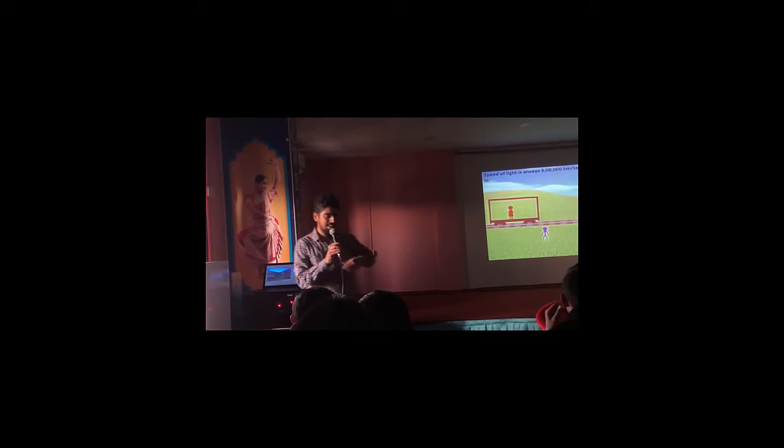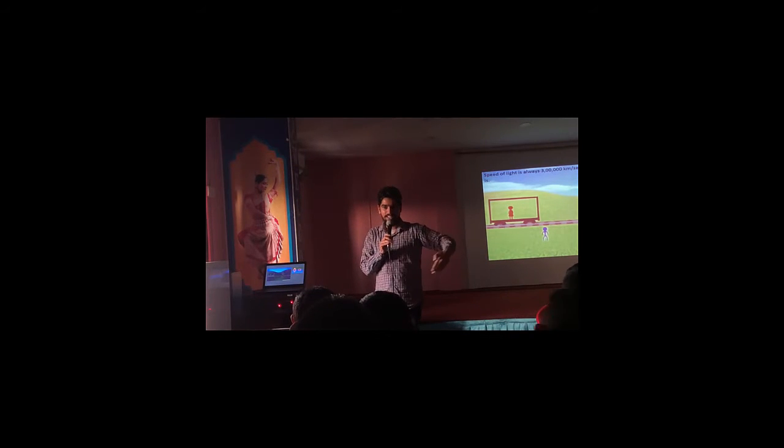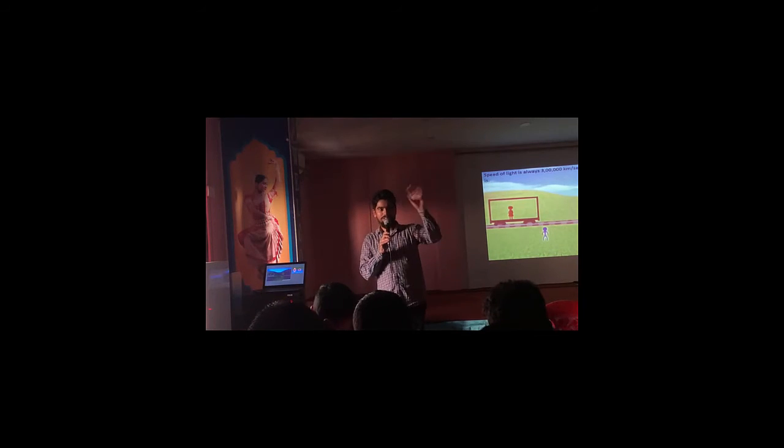Now, if that stone is observed by somebody who is on the ground, what will be the speed of the stone? How much? No, 70, because the bike is still running at the speed of 50 km per hour. You are on that bike and you throw a stone at 20 km per hour. So there will be addition of velocity.